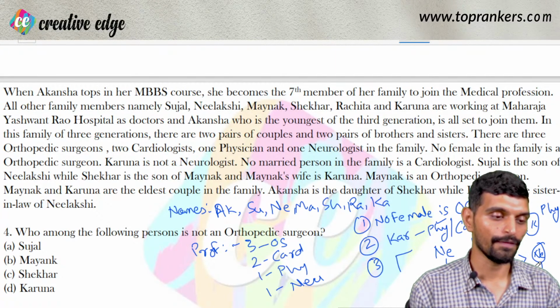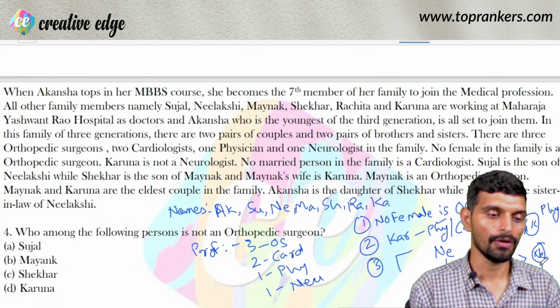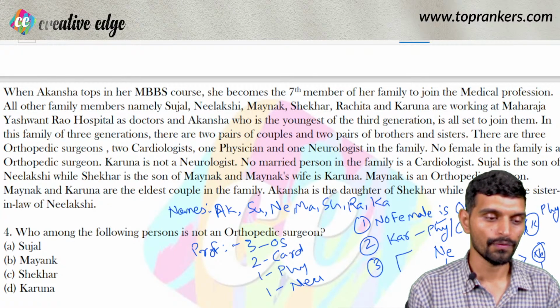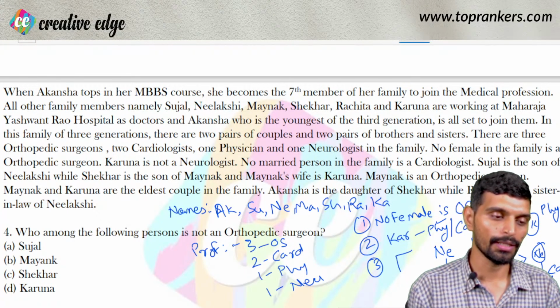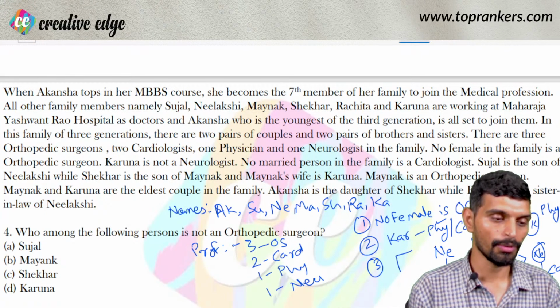Then we have Sujal as the son of Nilakshi and Shekhar. So from here we can say Akansha and Sujal are the cardiologists because they are not married. Another possibility is that the cardiologist can be Rachita, because we don't have any information about her marriage, right?